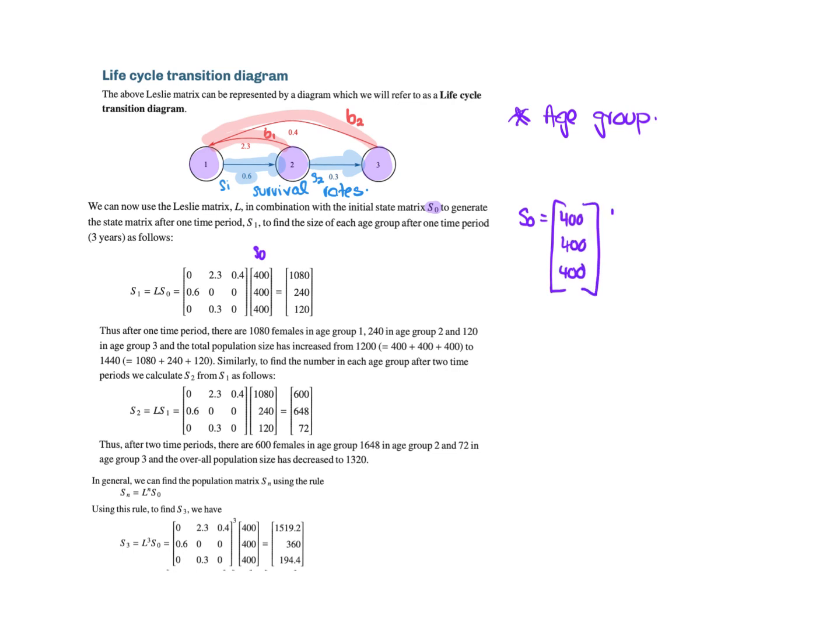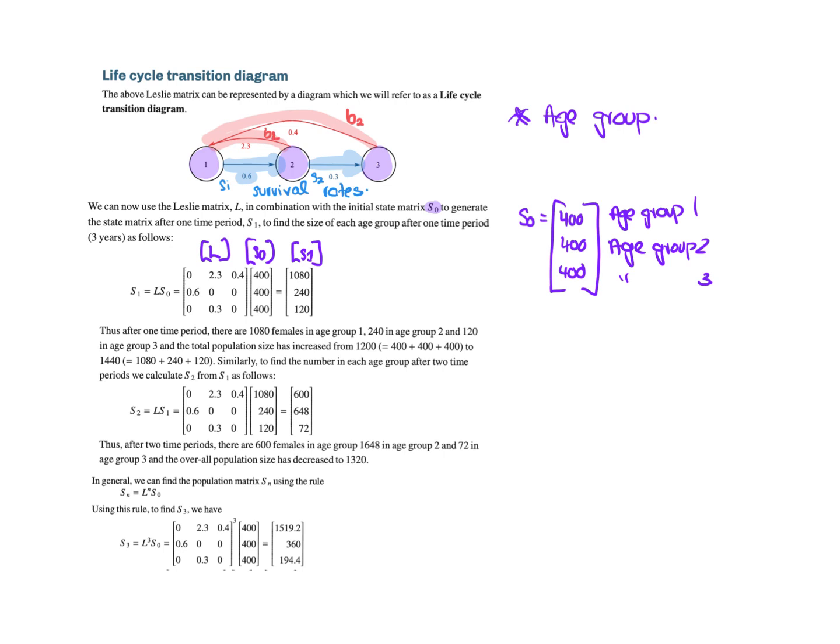So this is age group 1, age group 2, sorry, wait a sec, and age group 3. So they'll say in the beginning, the 0 to 3-year-olds had 400 population, and 400 and 400, and then to get the next time period, we do the L0 times the S0, and this would be after the end of the first time period of what's happened.